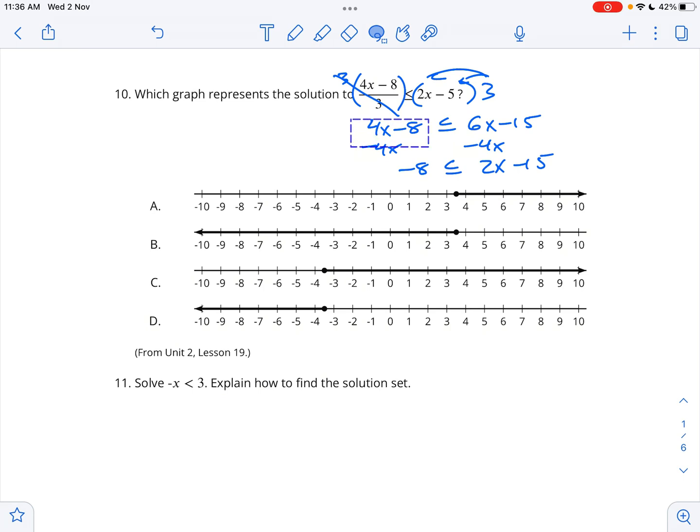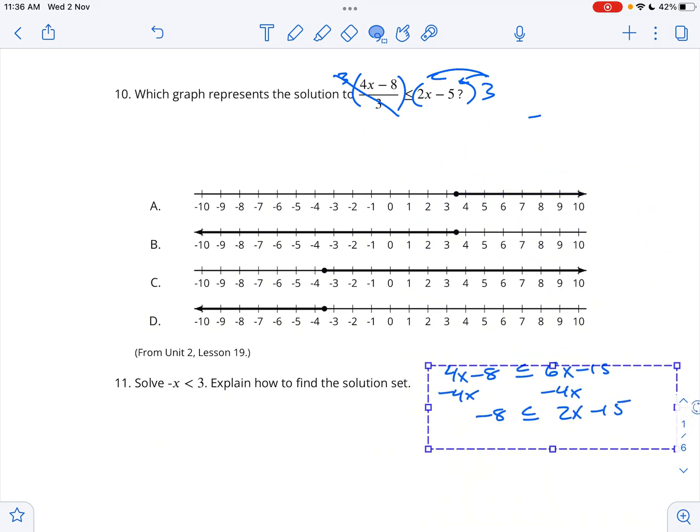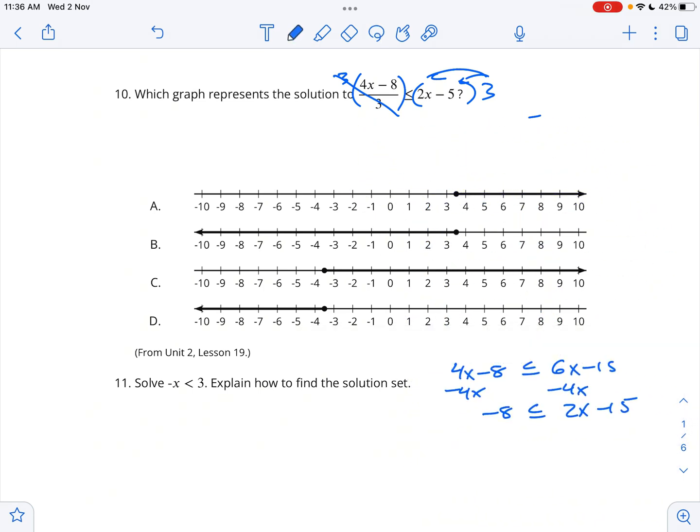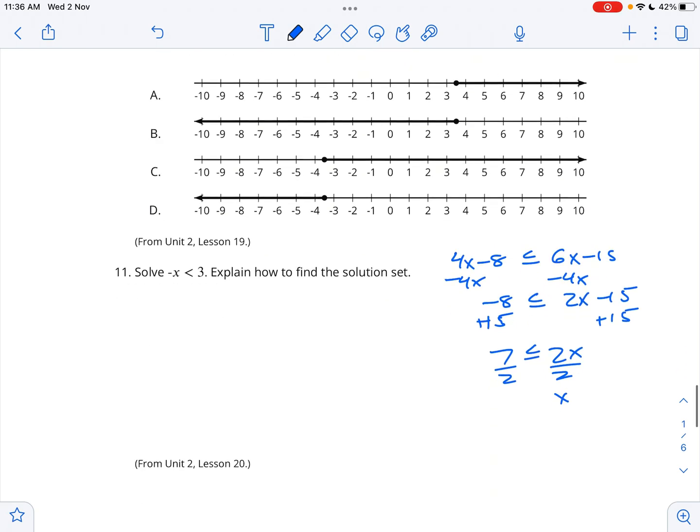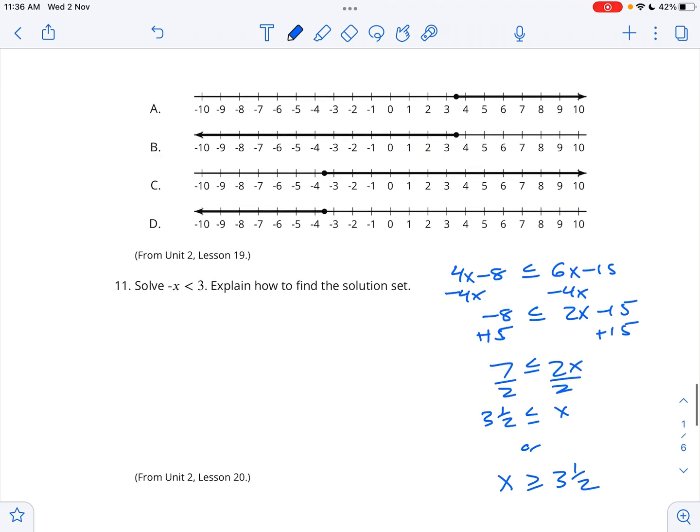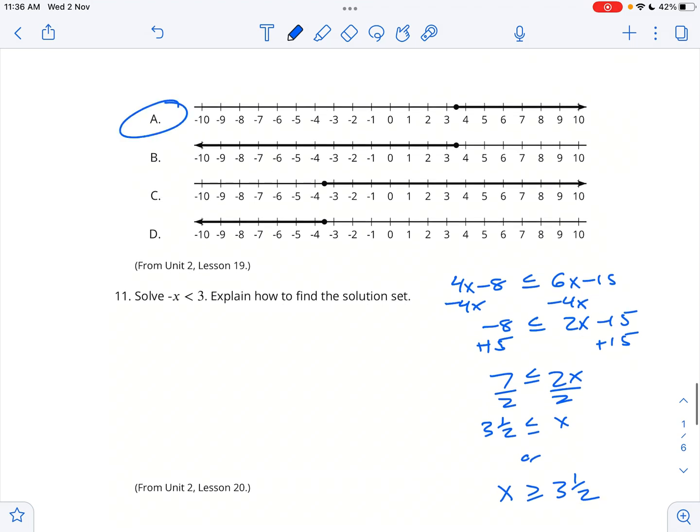Let's move this down so I have a little bit more room to operate. And then add 15, divide by 2. So I'd get x is greater than or equal to 7 over 2, or 3 halves. And again, you can write it like this: x is greater than or equal to 3.5. And if I look at all of my options, option A is the correct one.